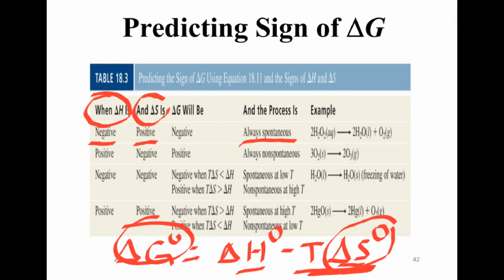When change in enthalpy is positive, if this value is positive and change in entropy is negative, ስለዚህ ይሄ ኔጌቲቭ ማለት ኔጌቲቭ ሲባዛ ኔጌቲቭ ፖዚቲቭ ስለሚሆን then change in Gibbs free energy will be what? Positive. And it will always be non-spontaneous.